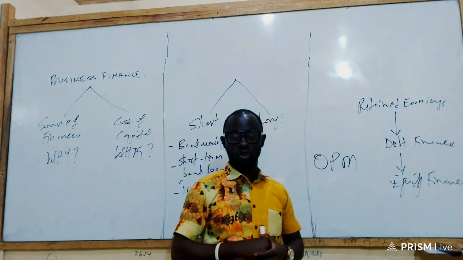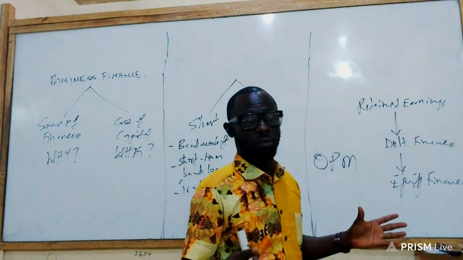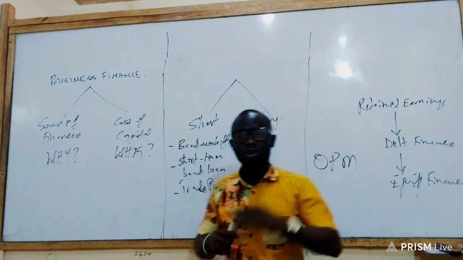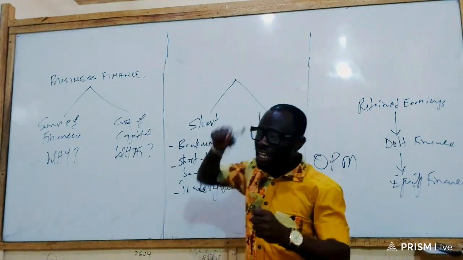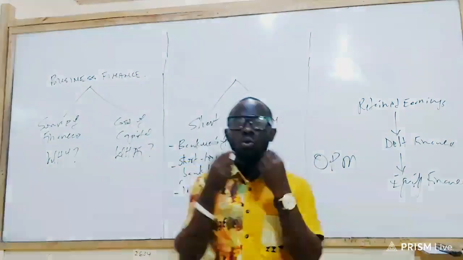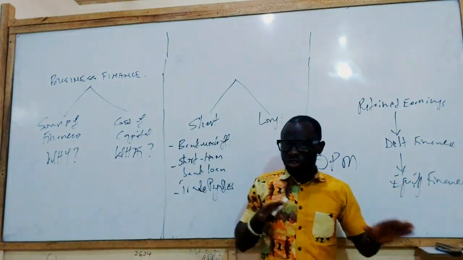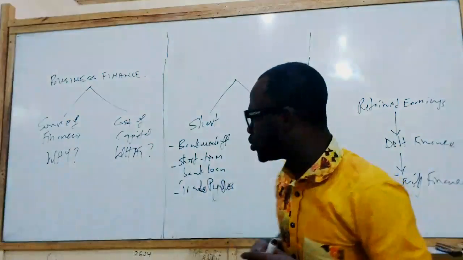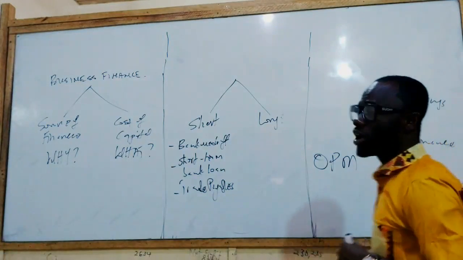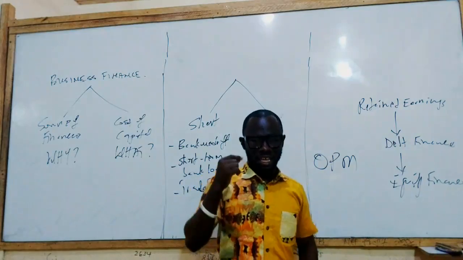Tax purposes. Okay? Will be deducted for tax purposes. However, if you use shareholders' money, the dividend you pay to shareholders will not be deducted for tax purposes. I hope you are getting the concept. So that is what you need to understand in relation to why debt is prioritized over equity, that it is tax deductible.